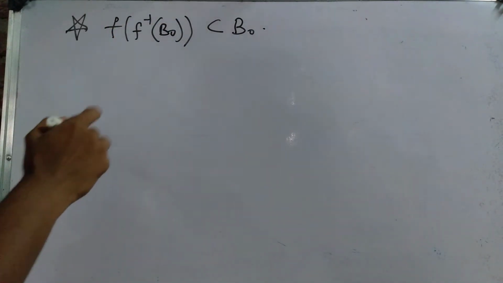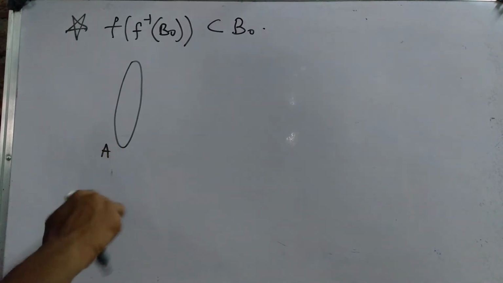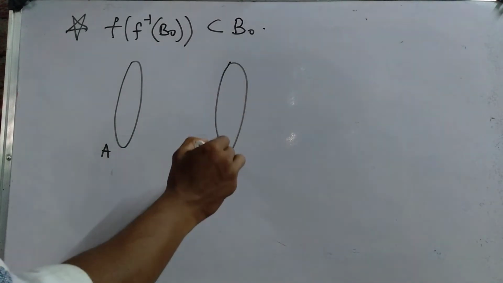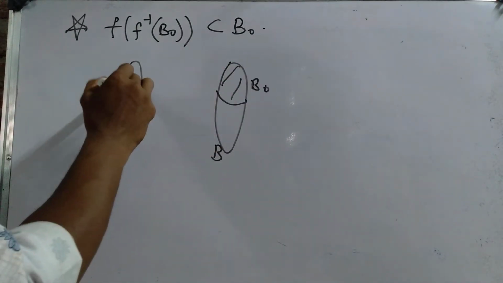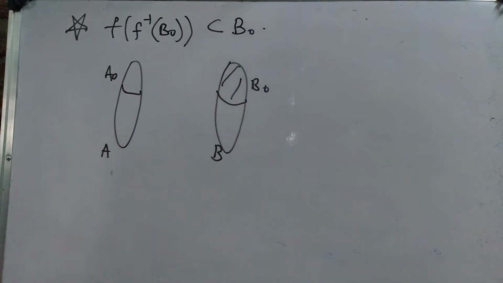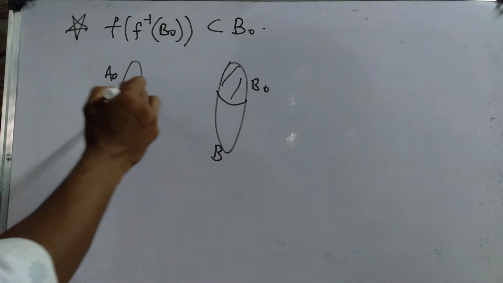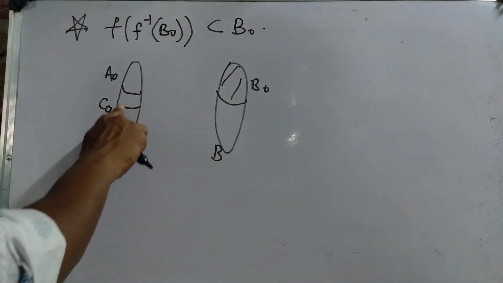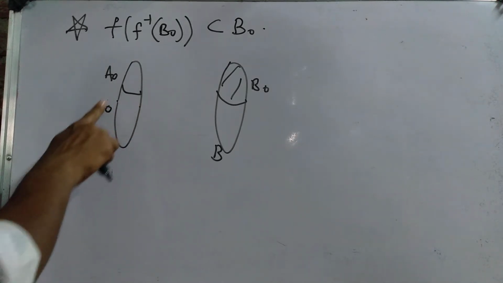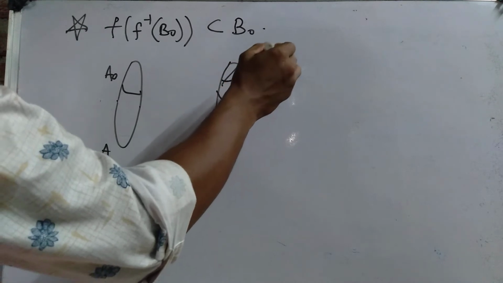This one is A0, in A, this one is B, this one is B0, this one is A0, and here obviously we don't denote, this one is not needed here. This one is f of A0.